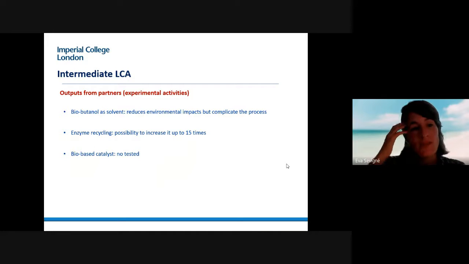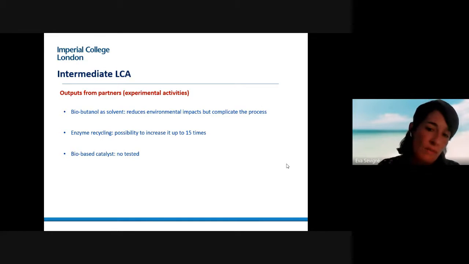So after a few months, partners finished the experimental activities, and these were the outputs. When they used biobutanol as solvent, the theoretical or preliminary environmental results showed an important reduction in the environmental impacts, but it was very complicated.